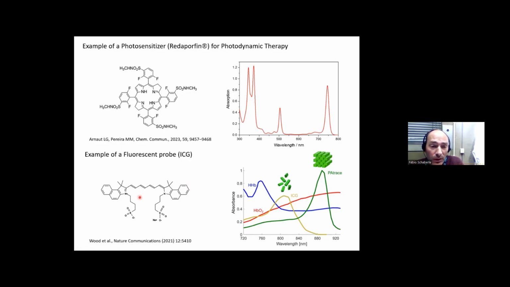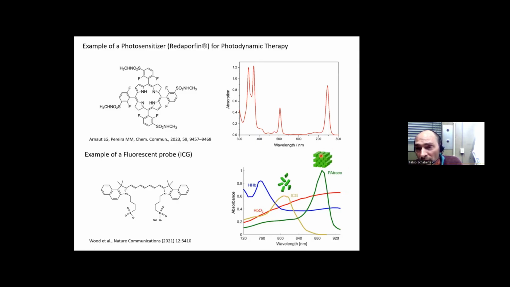Another example is the indocyanine green compound that is used as a fluorescent probe. So part of the light will be lost as fluorescence and not generate photoacoustic signal, but part of it will induce photoacoustic signal. So we can, again, study the biodistribution or the accumulation and so on. Indocyanine green is interesting because in the monomer form, it absorbs a little bit above 800 nanometers, and it is a fluorescent molecule.